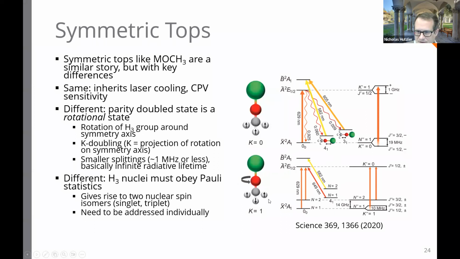So for example, this is from a paper laser cooling one of these molecules, calcium OCH3, at Harvard in John Doyle's group. So you have to add some more lasers to address these new states. So, as always, you get more features, but with more complexity.